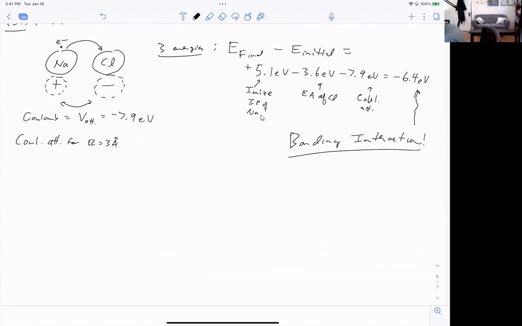And so now you can do things like have a lattice where you have plus and minus and plus and minus and plus and minus, and you could start adding up the energy of a crystal of salt and ask what the energy of that is.